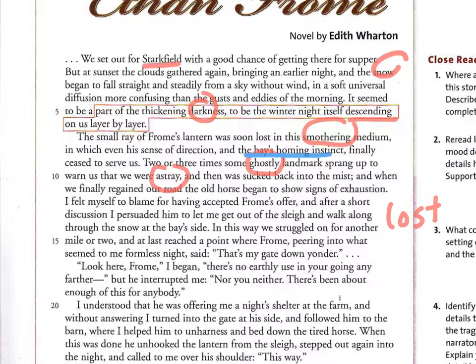And I believe here when they're talking about bay, we're talking about a type of animal that is leading the way. I think it's a horse. Let's look that up. But even if we didn't get it, it's repeated here. Astray, homing. We're lost.